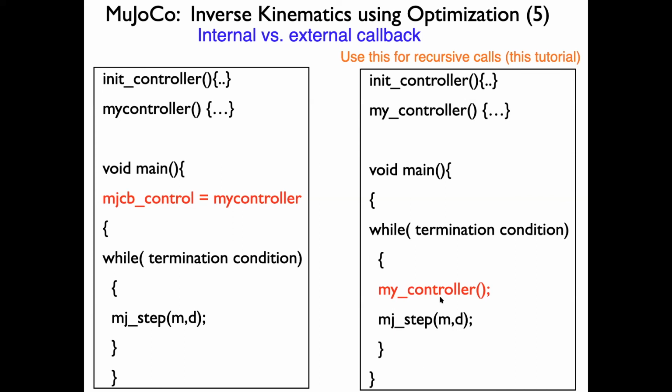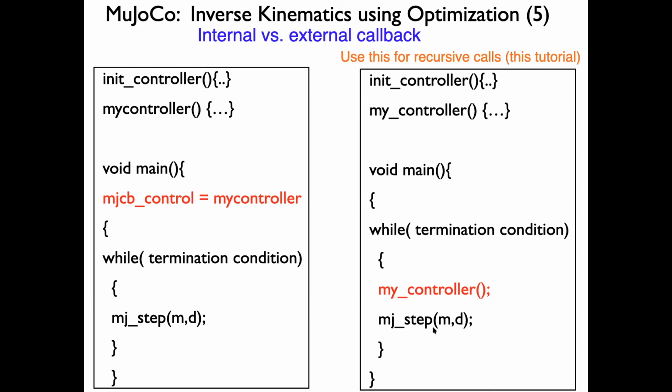If I use Runge-Kutta in this case, Runge-Kutta is not going to be calling my controller every integration step, because it is not an internal callback like this, but an external one. So once I freeze the controls using this command, you just use those controls for all those 4 function evaluations which happen in mj_step.